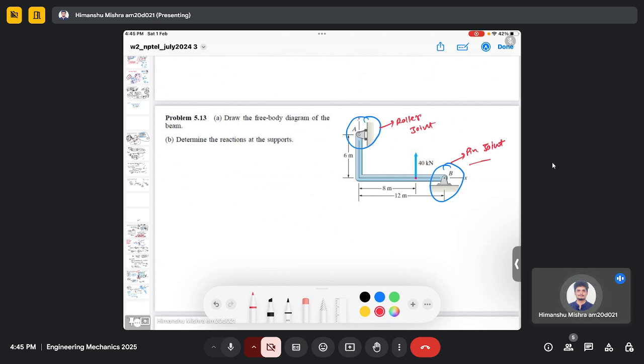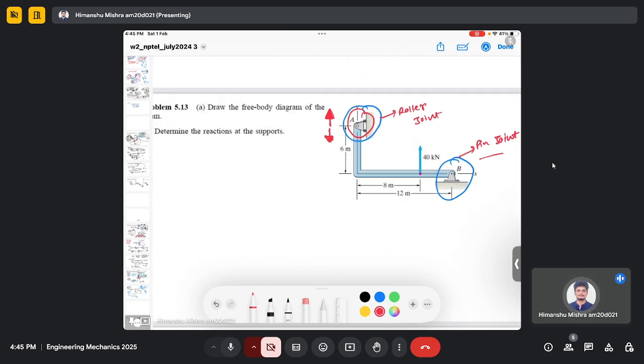In a roller joint, the translation motion in one direction is not constant. For example, here in this case, this bar can actually move in the y direction, either upside or downside. This bar can move in the vertical direction, which means there is no reaction force in the y direction.